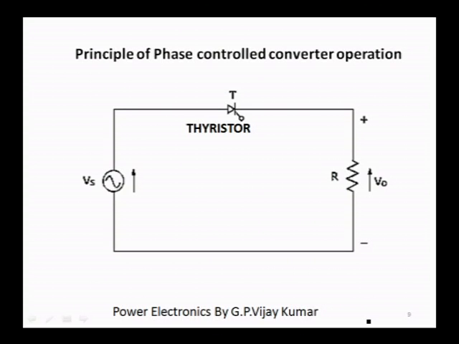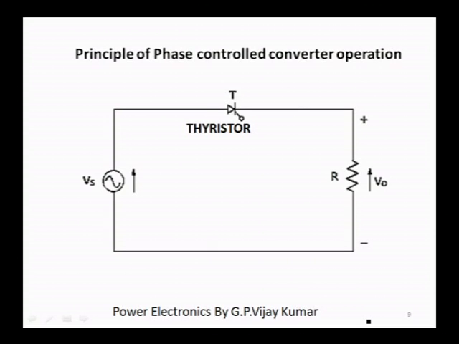Until then, Vs is not connected to R. Only when the SCR is fired is the voltage source Vs connected to the load R. So, Vs appears across R. How long does this SCR or thyristor conduct?